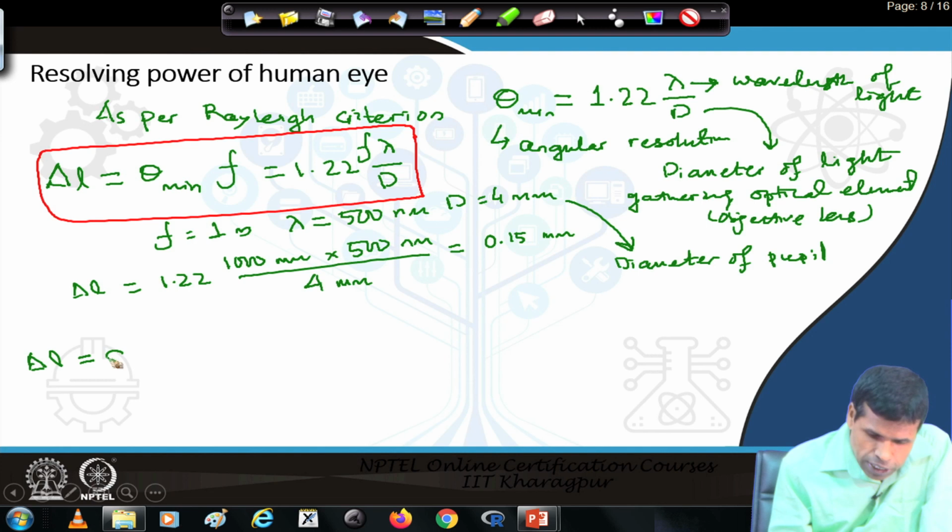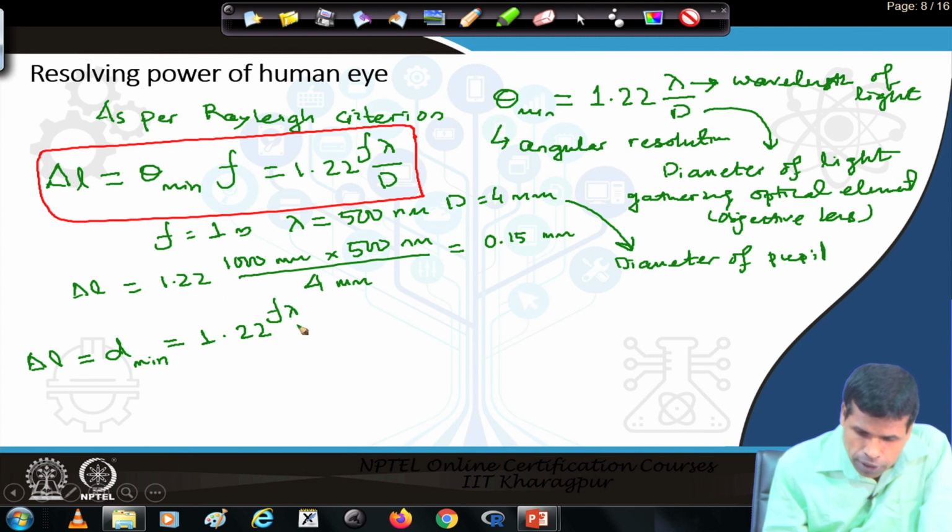Again, we can write del L, which is nothing but d minimum, the minimum distance between two objects, equal to 1.22 f lambda divided by d.